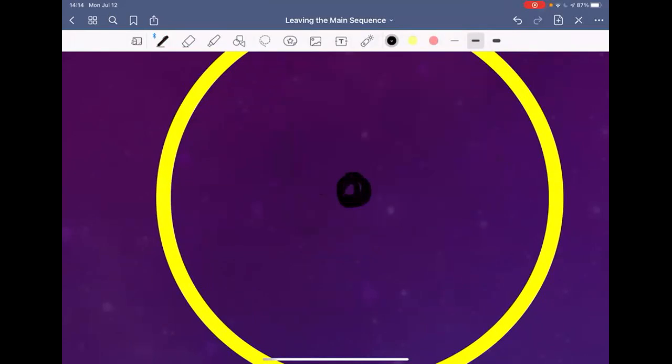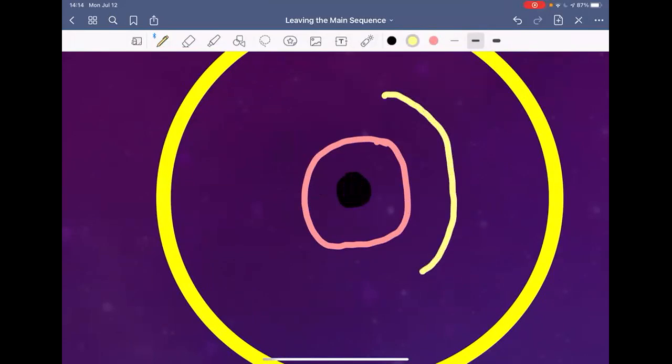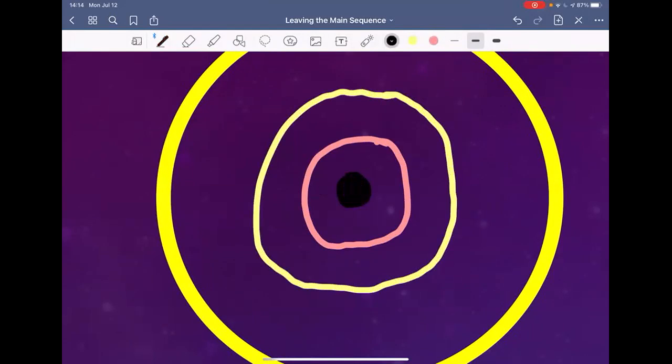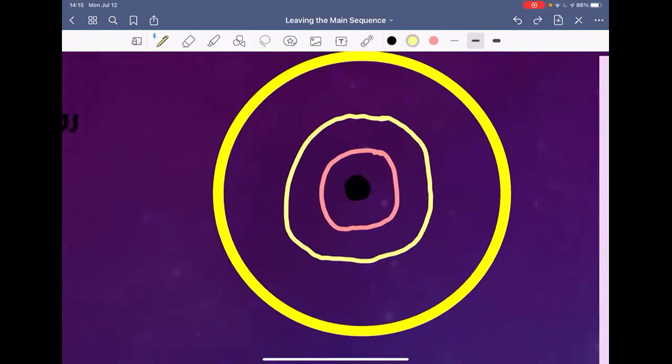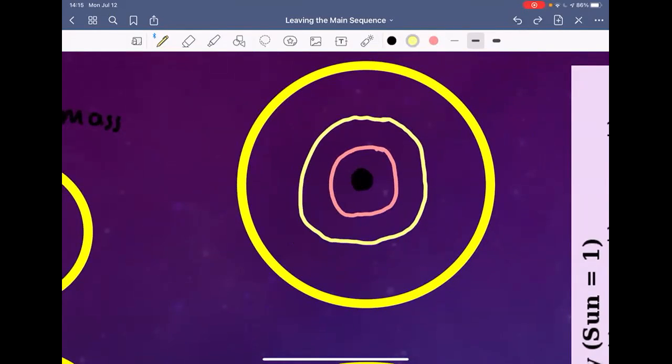It creates a carbon core. It deposits all the carbon in the center of its core, and it creates a helium shell around it. And outside the helium shell, you have a hydrogen shell, like this. So helium fusion going on here. This is all fusing helium. You have hydrogen fusing here. This is all fusing hydrogen. And now you see how our star is kind of like an onion already.